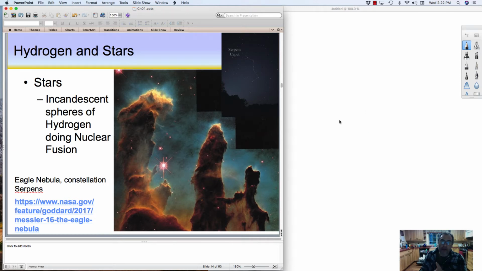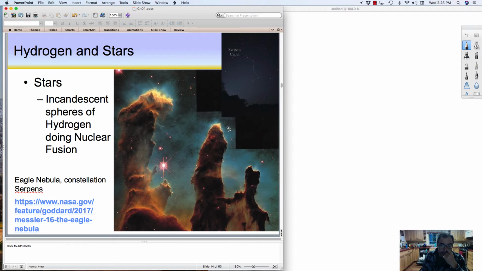So what are these stars? So stars are incandescent spheres of hydrogen, so they're using hydrogen as their fuel, and they do nuclear fusion. So here is a Hubble telescope image of the Eagle Nebula, which is in the constellation Serpens, right? So here's Serpens here in the night sky.